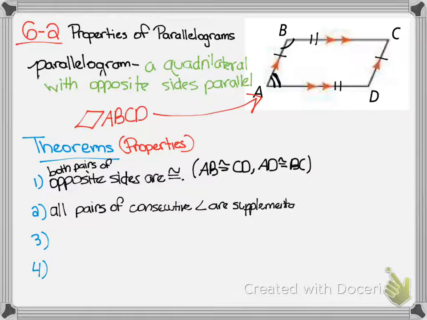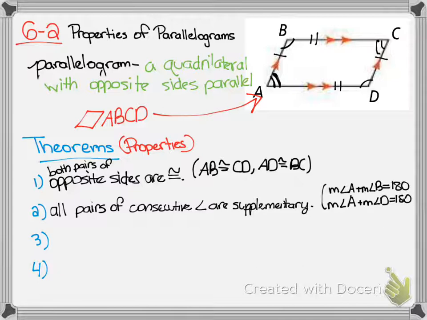So all pairs of consecutive angles are supplementary. All right, so for instance, A and B here are going to add to 180. A and D are going to add to 180. C and D are going to add to 180. And B and C are going to add to 180. Okay, there's lots of pairs. So the measure of A plus the measure of B is 180. Also, the measure of angle A plus the measure of angle D is 180.